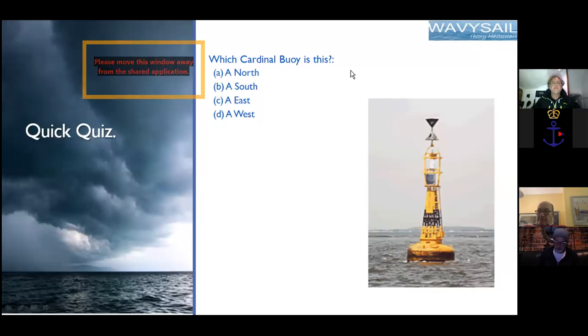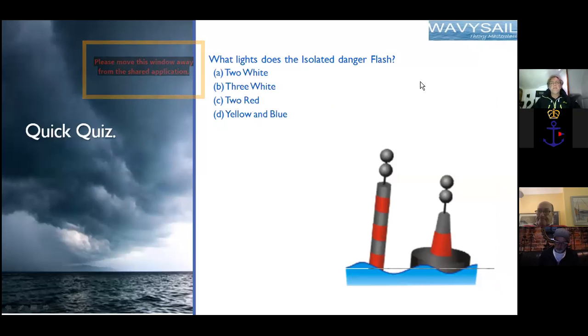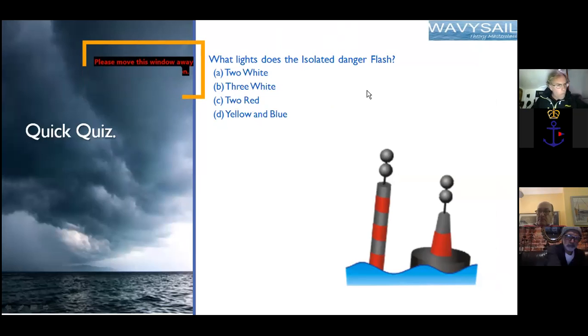Lots of right answers. Okay. What light does an isolated danger flash? Two white, three white, two red. Yep, lots of right answers coming there too.